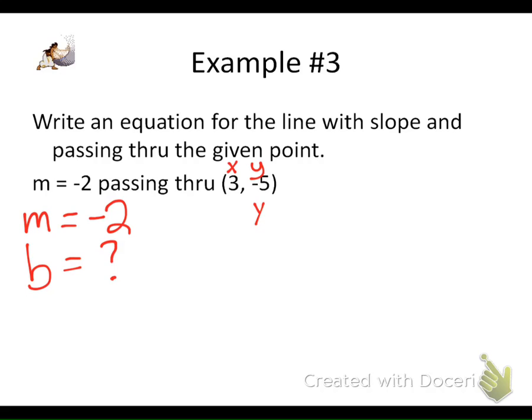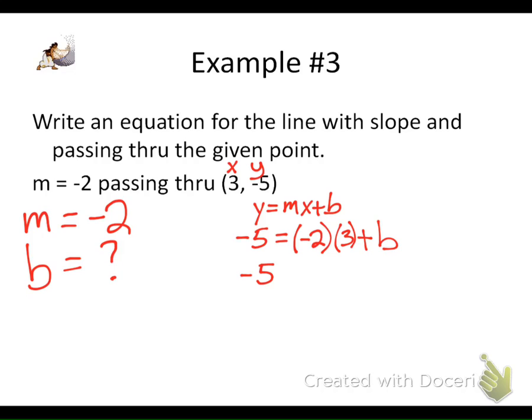So again, we're using y equals mx plus b. Instead of y, I'm going to use negative 5. Instead of m, I'm going to use the negative 2. Instead of x, I'm going to use our current x value, which is 3, plus b. So the negative 5 and 3 aren't going to be part of our answer, but we can use them to help us find b.